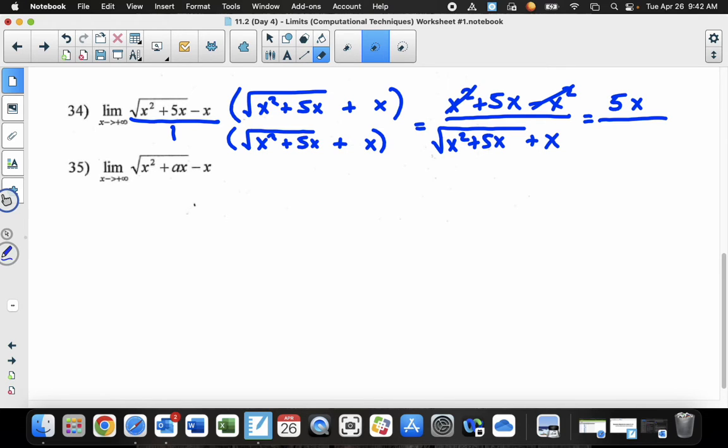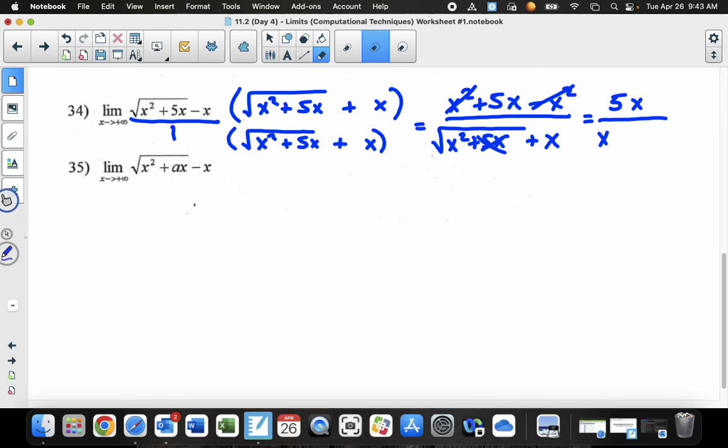So now I'm going to focus on just the square root for now, and do that just like we did on the front side when we did problem 13, problem 14, same concept. If I find the limit of this, the 5x, I don't really care about that because we're going to infinity, so that's not the highest degree term. So I'm not going to worry about that part. What's the square root of x squared? x.